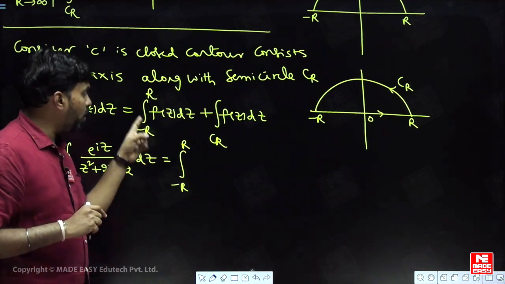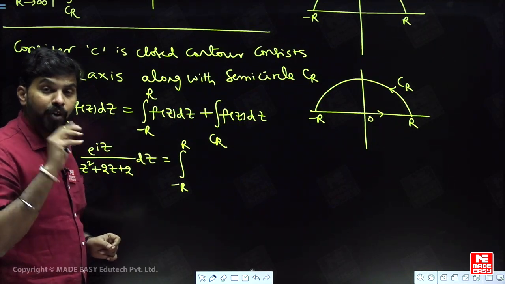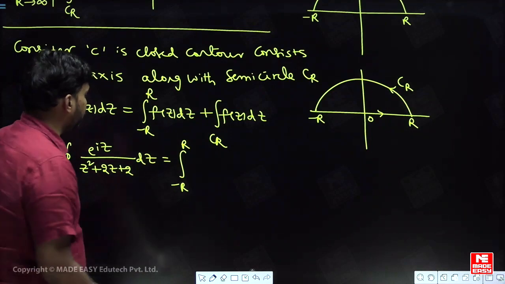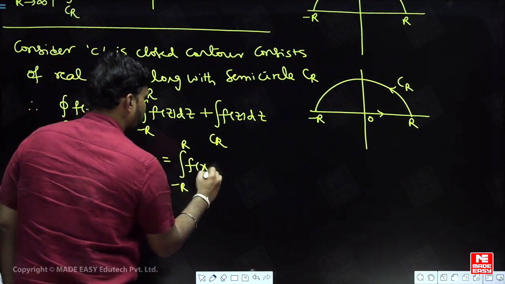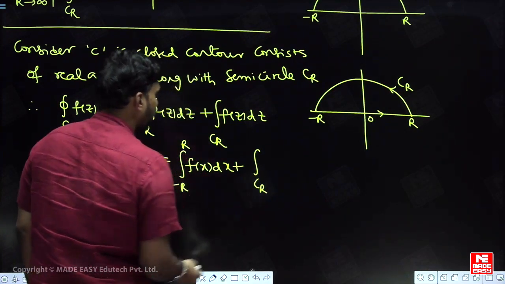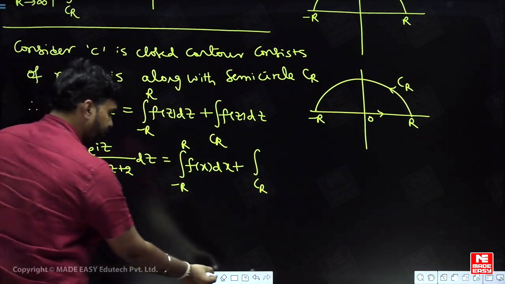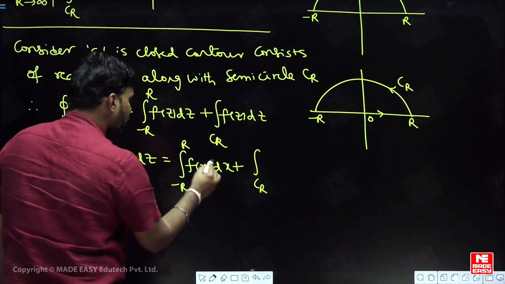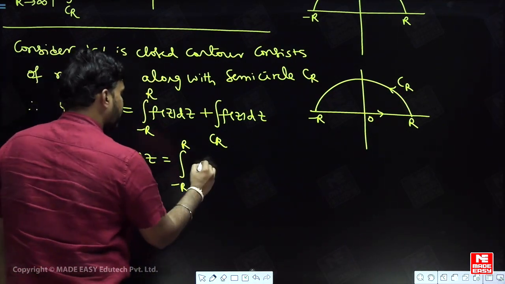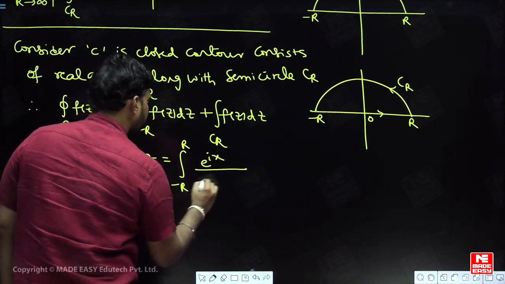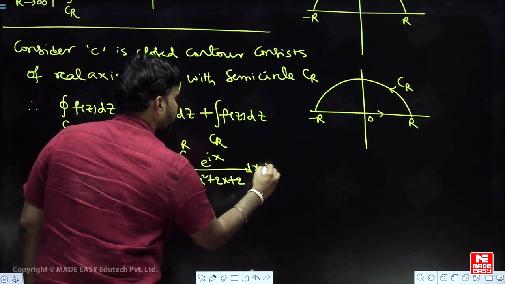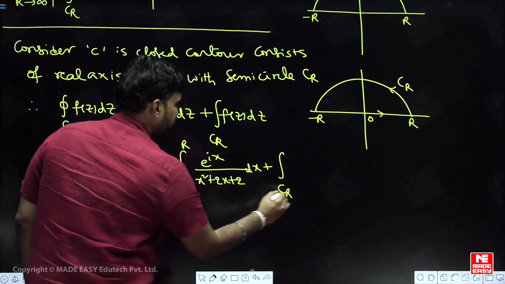So along the real axis y is equal to 0, therefore z becomes x. So therefore it becomes f(x) dx, and then the integral along CR. So what is f(x)? Now I will write f(x) completely here: e^(ix)/(x^2 + 2x + 2) dx, and then the integral along CR.